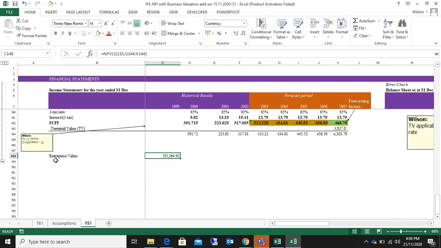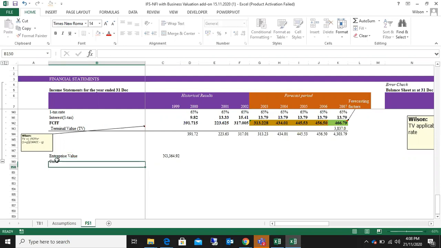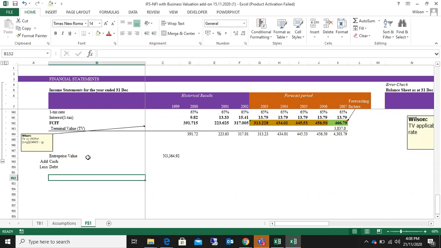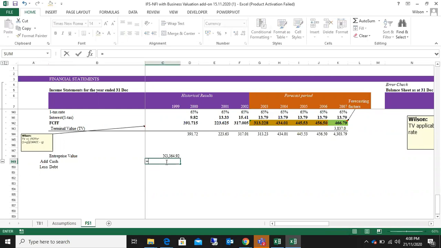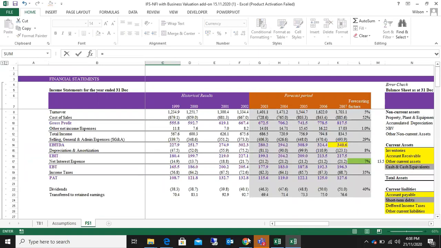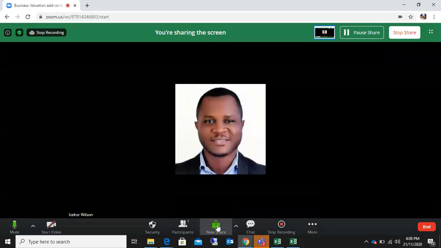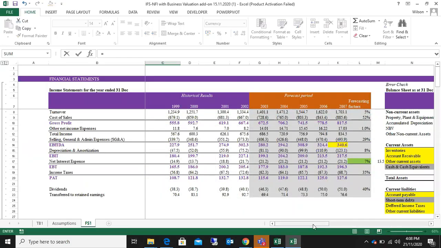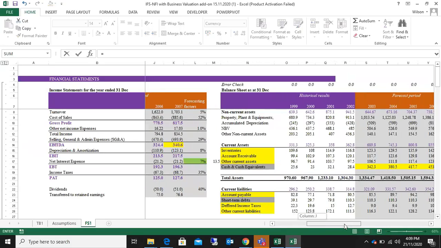Okay, so for you to get the equity value, we here talk about cash and talk about debt. So you have to add cash and less debt. Now, the cash you want to add is the cash and cash equivalent in the immediate prior year.